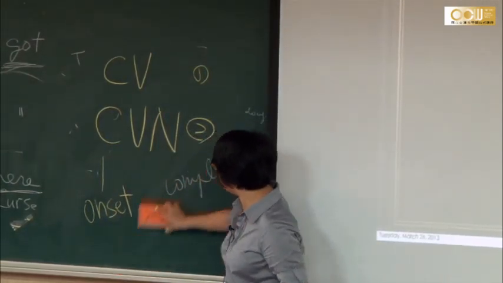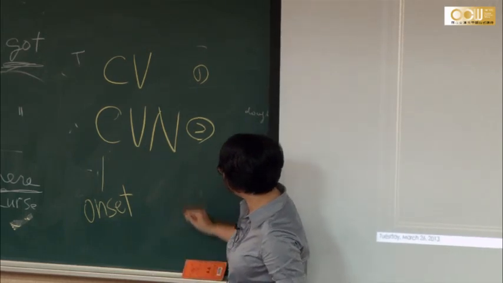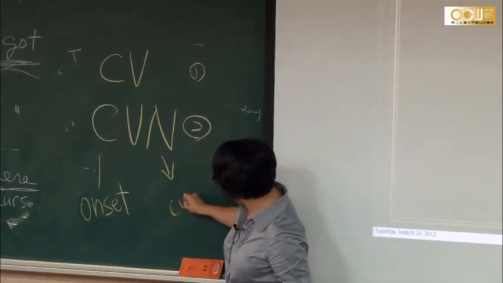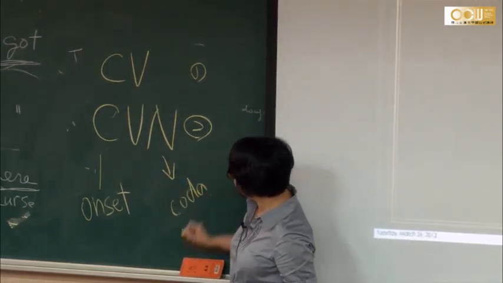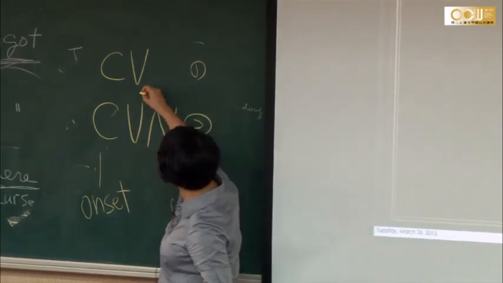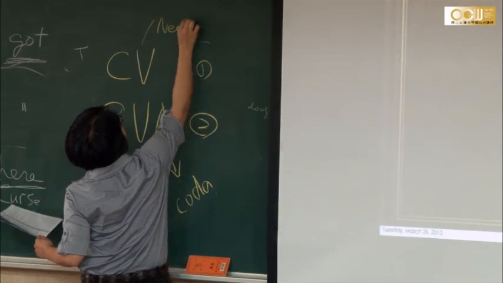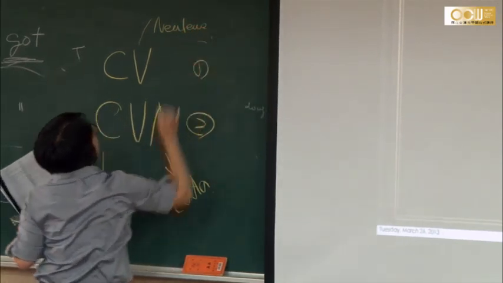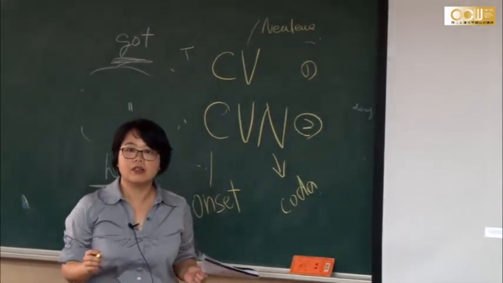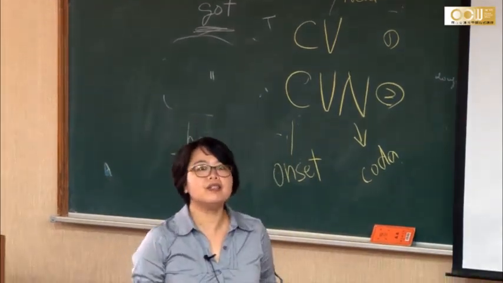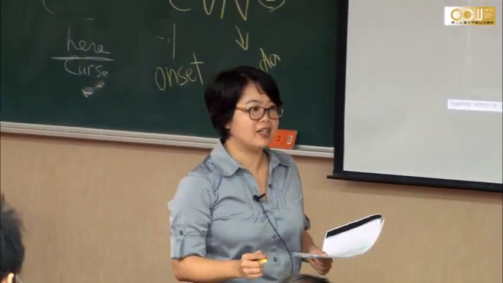And this is the coda. This is from your intro linguistics. This is the coda. And this is your nucleus. Okay? So an open syllable is a syllable without coda.